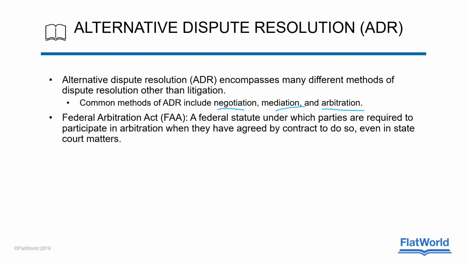And the Federal Arbitration Act, the FAA, is a federal statute under which parties are required to participate in arbitration when they've agreed to do so by contract. You'll find that a lot of B2B, business to business contracts, or even business to employee contracts, have an arbitration clause in it. So if there's a dispute, the first recourse is arbitration.